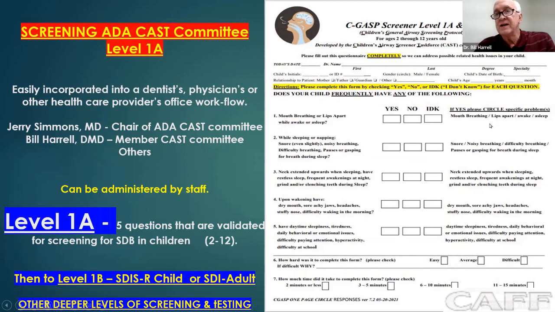Now, what I've done is I've taken it over here and said, okay, they check yes. Now, why did they check yes? Because most of them, well, I don't know if they mouth breathe, but yeah, their lips are apart all the time. And then the snoring, noisy breathing and whatnot. It's a real simple little questionnaire. We're going to get it validated.